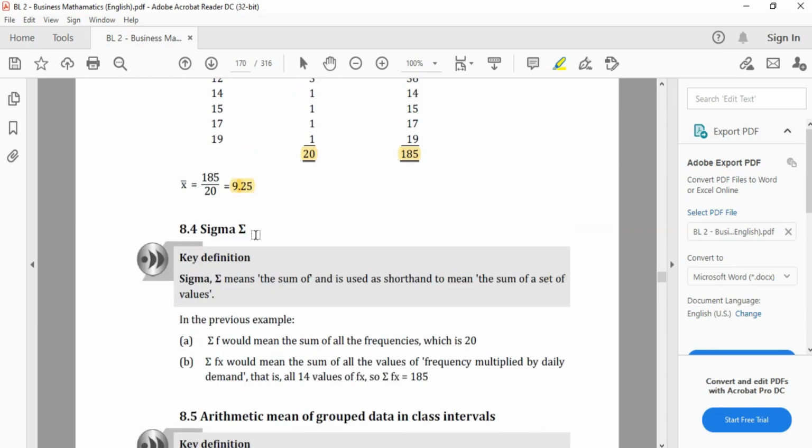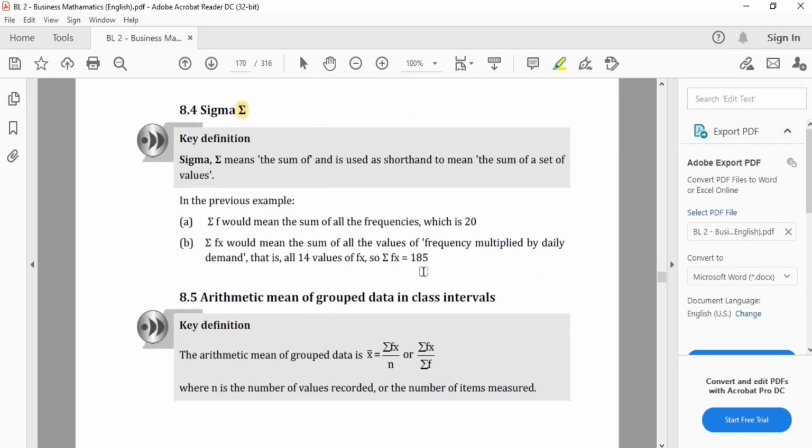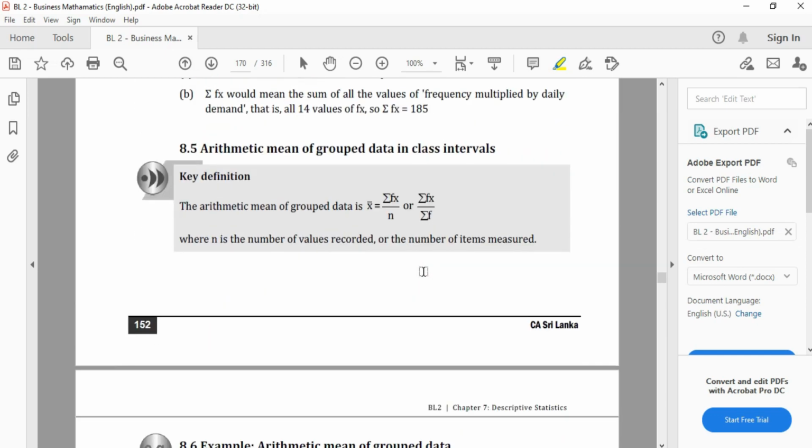Now, when I said summation, for summation there is a symbol in maths or stats. That is sigma. Sigma is a sum of set of values. So, I'm sure you must have come across in your O-level time. The mean, you write it as x bar equals summation fx or sigma fx divided by sigma f or sigma fx divided by n.